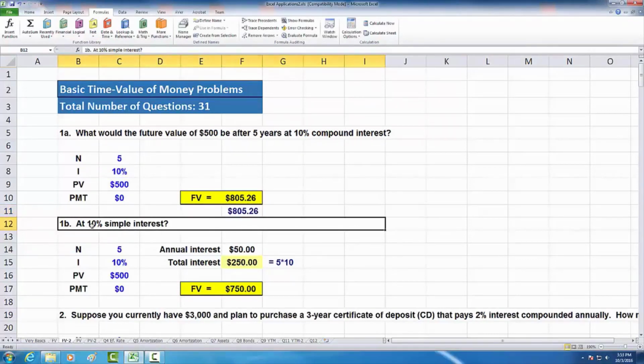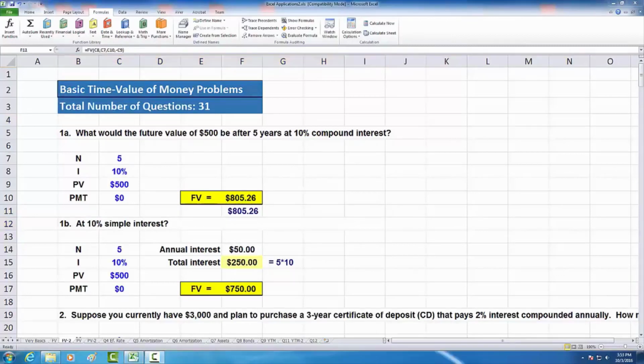Second question is, how about 10% simple interest rate? If it was simple interest rate, what you need to do is to calculate the annual interest once and multiply by 5. So annual interest, you click here, you can see that you multiply the principal, C16, times the interest rate.